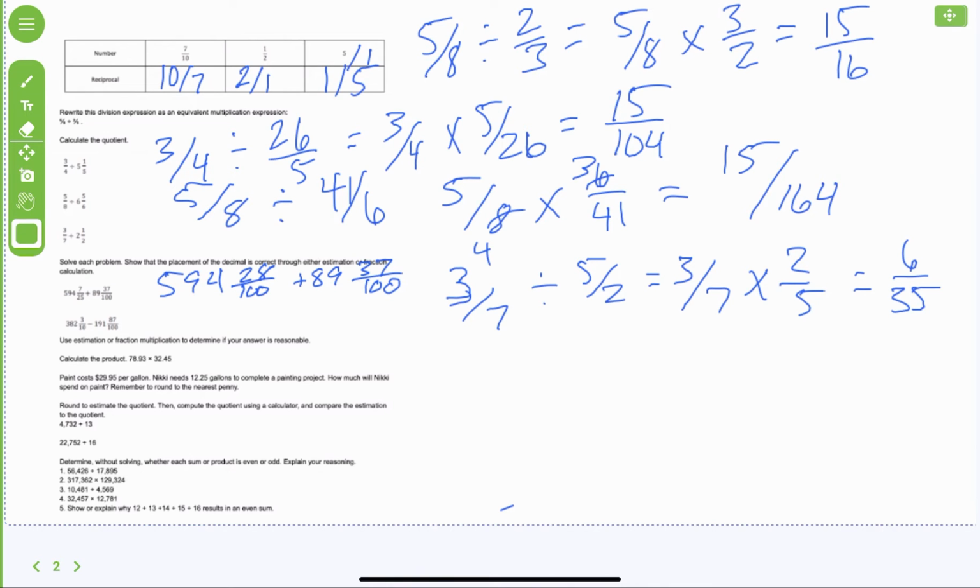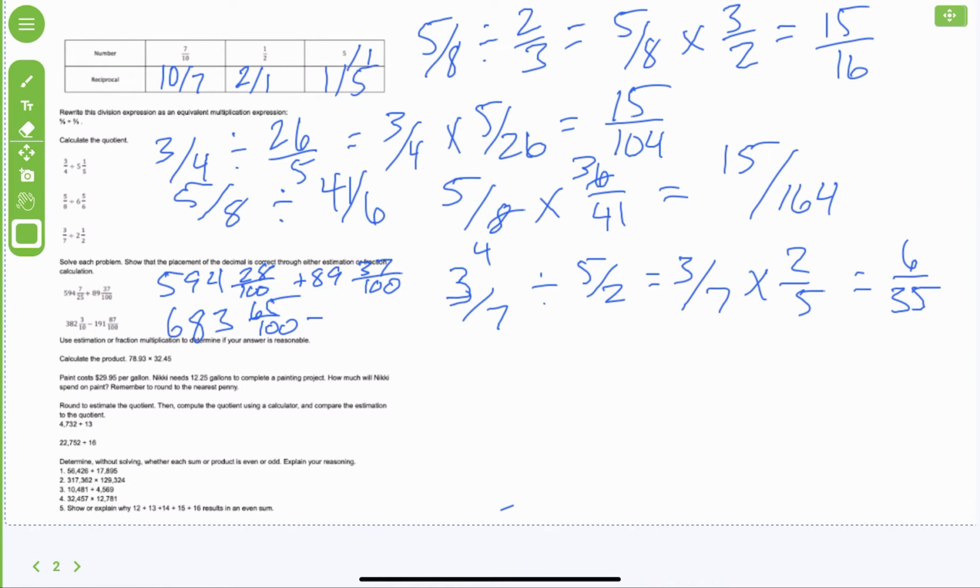So 594 plus 89 is 683. 28 plus 37 hundredths is 65 over 100. And we'll just leave it like that. You could reduce that, because both would reduce by 5, right?